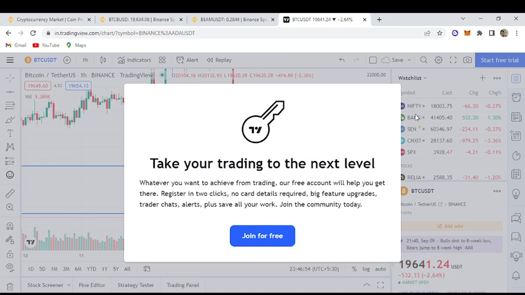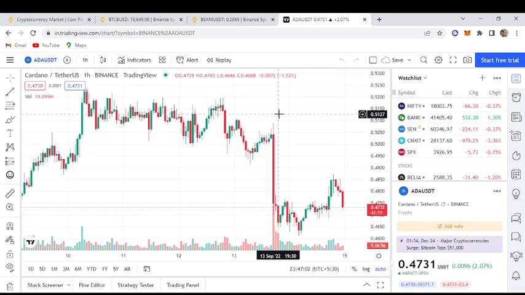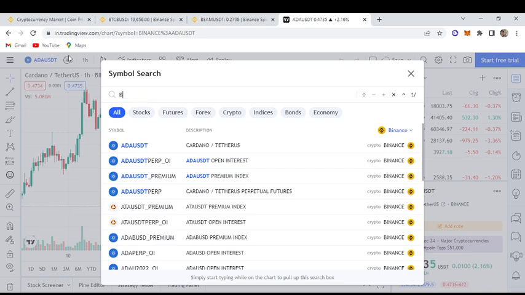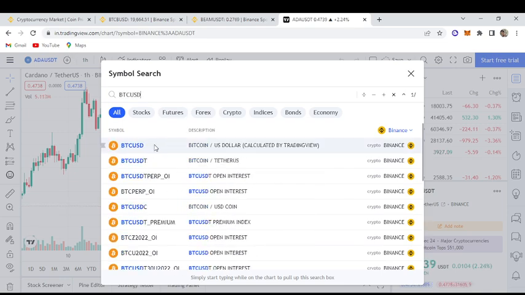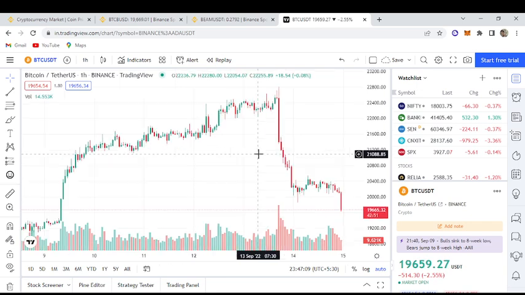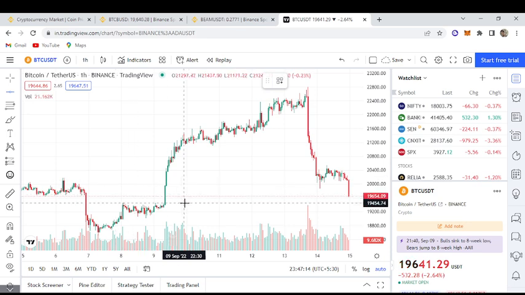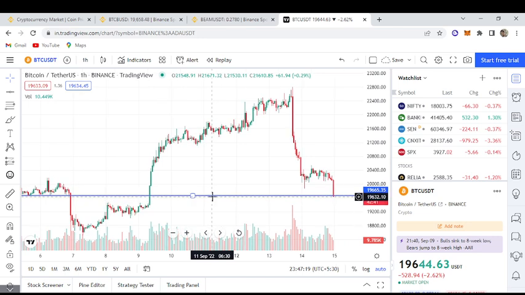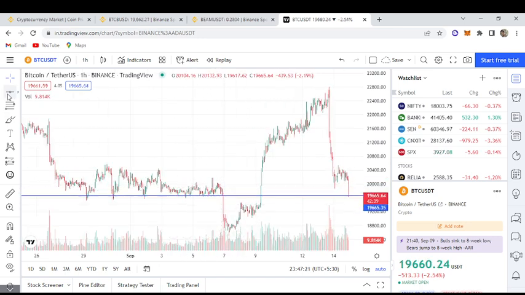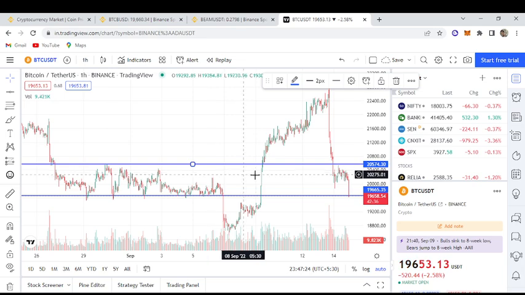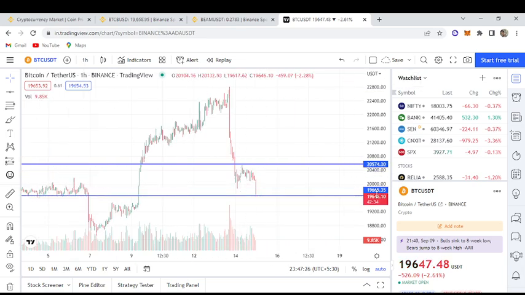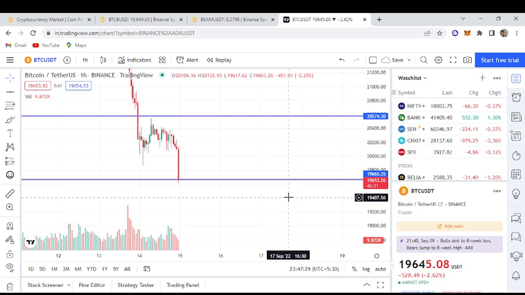Yeah. This position right here, this is the support level. This is the original level for now. So that's a very critical zone to play off.